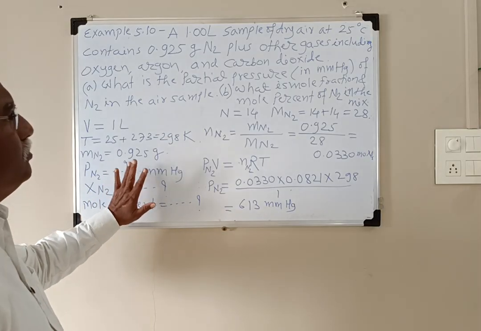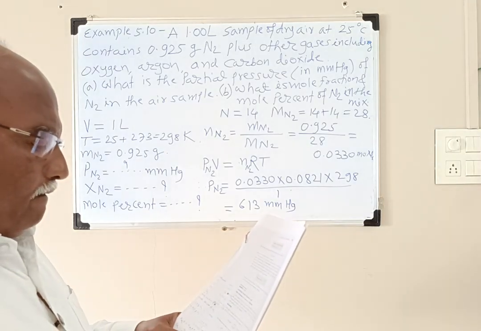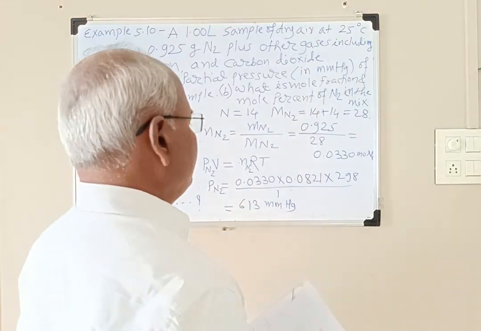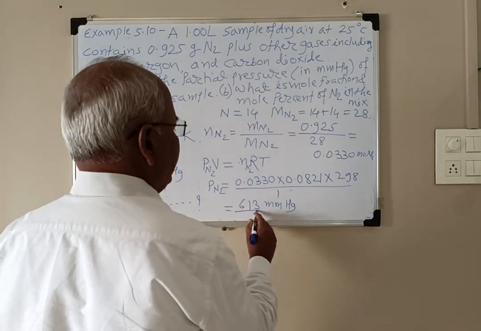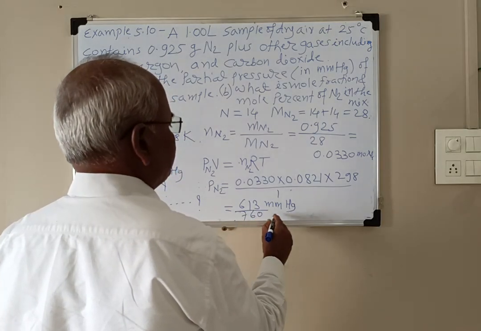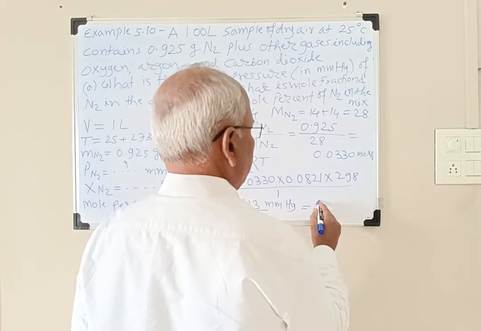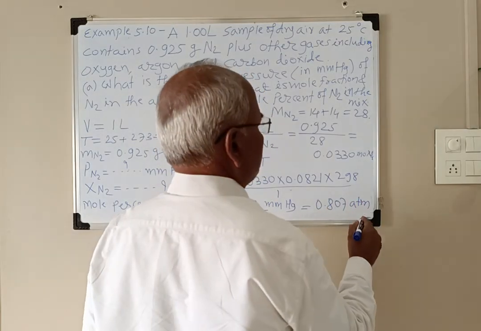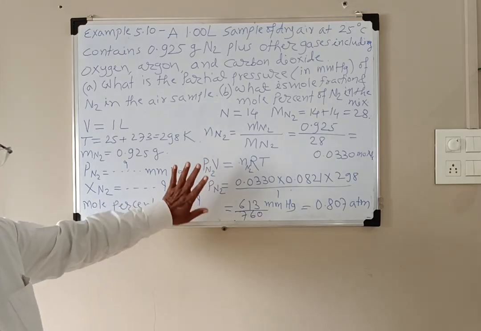We have to calculate in mmHg, and you see the answer is 613 mmHg. To convert into atmosphere, divide by 760, that is equal to 0.807 atmosphere. This is the second step.